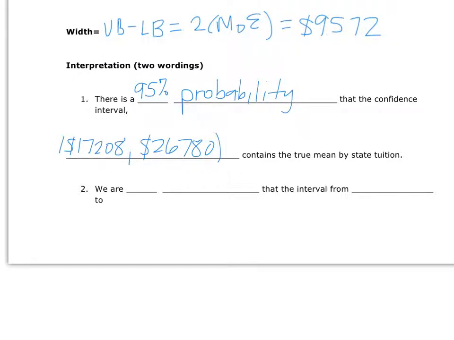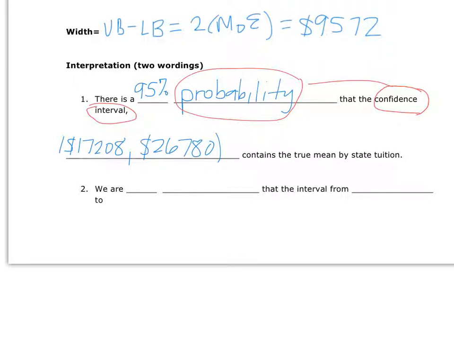The key piece of this is that this probability word is associated with the confidence interval. Probability is associated with the confidence interval because the confidence interval depends on the sample mean, which is random. It changes from sample to sample. We can only talk about probability related to random things.